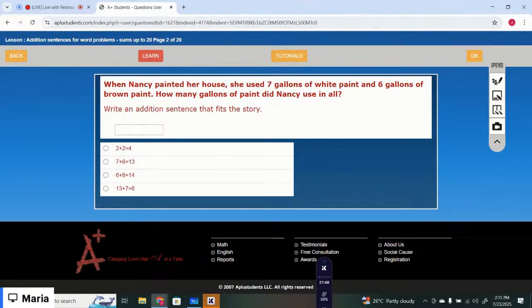So, which is the correct option? Option number 2 is the correct option. 7 plus 6 makes 13. Very good.